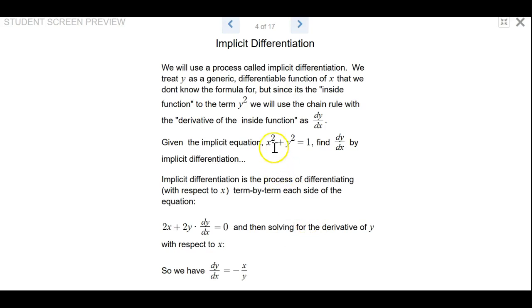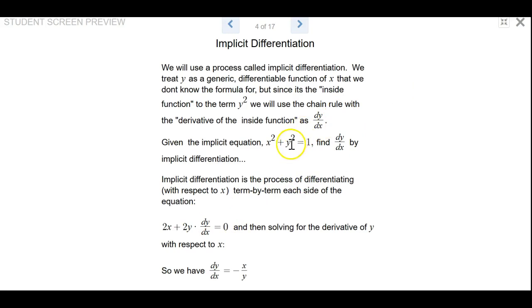So for example, for x squared plus y squared equals 1, to differentiate with respect to x term by term, the derivative of x squared would be 2x. Y squared I'm going to treat as a composite function where the outside is the power function raised to the second, right? And the inside is my unknown generic function y.